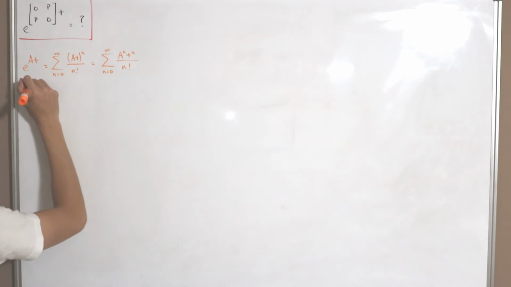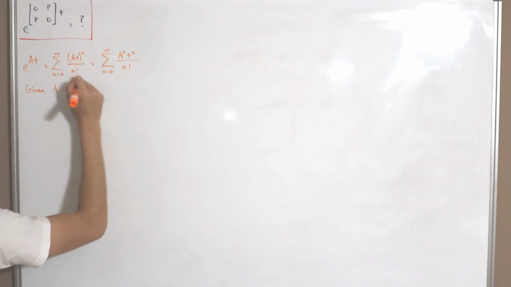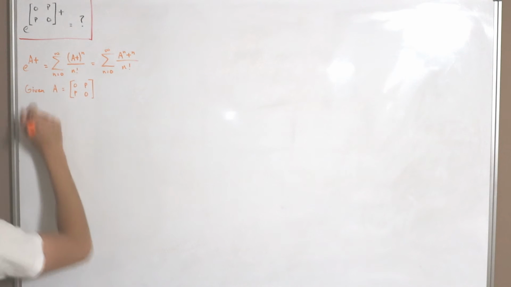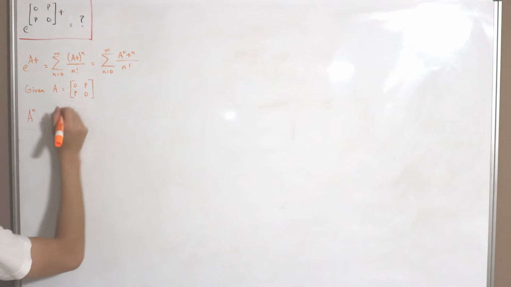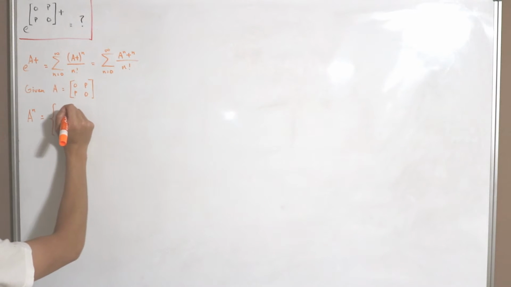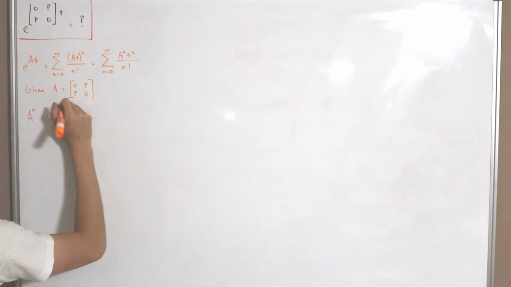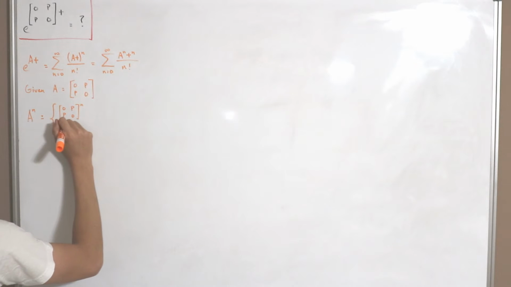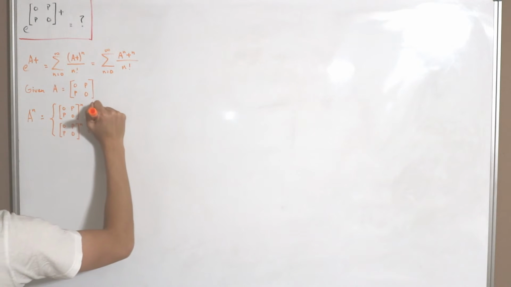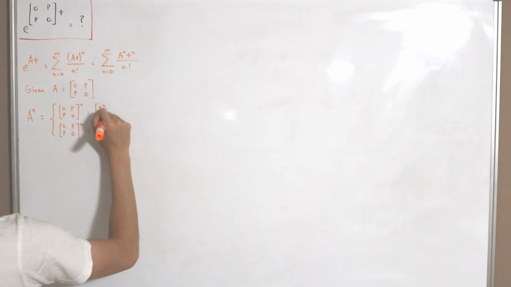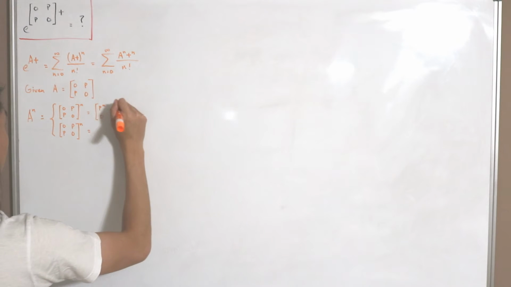We're given that this matrix A is equal to the matrix with entries 0, p, p, 0. Then we know that A to the power n is going to equal, there are actually some conditions that it satisfies. If n is even, we have p to the power n, 0, 0, p to the power n.